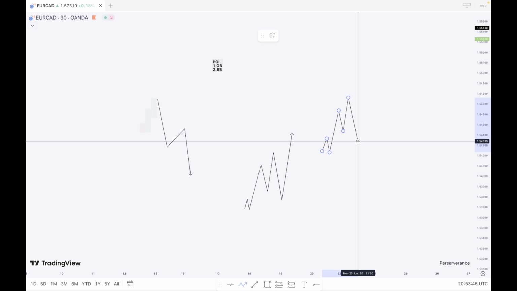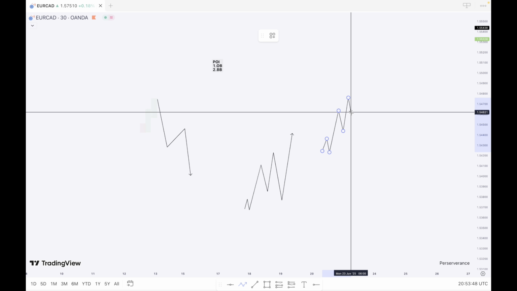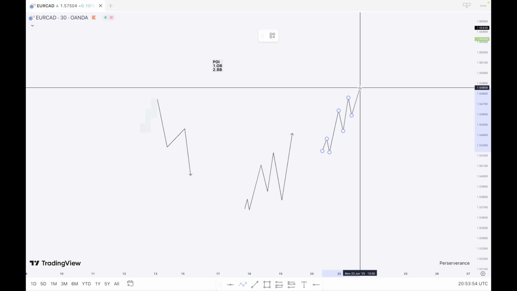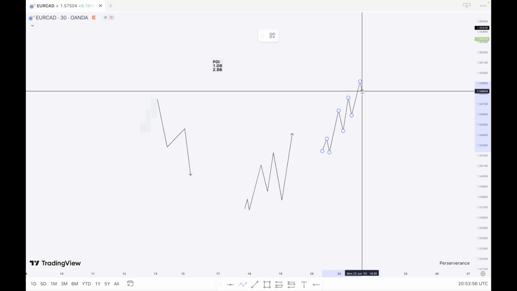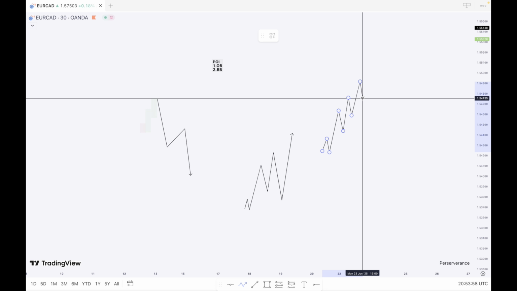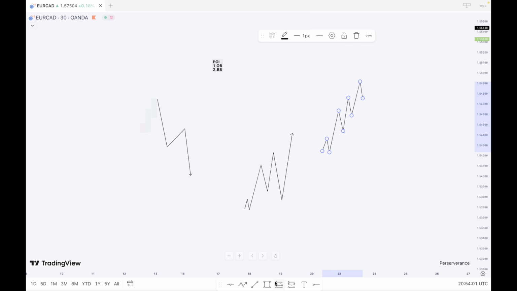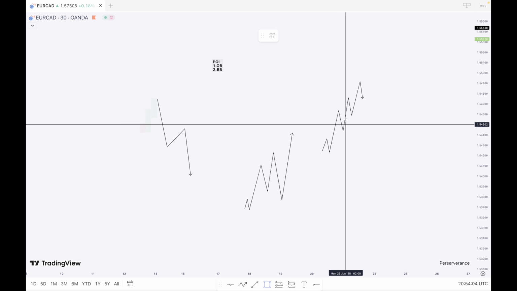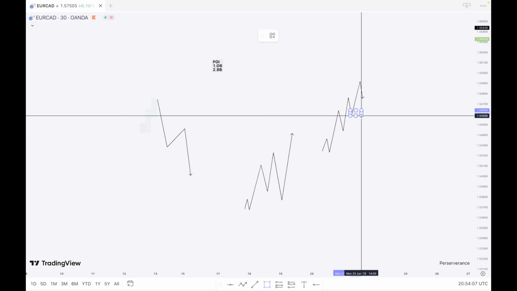But in a scenario where the market does not come back to tap into that POI, and the market creates another break of structure with another inducement, now our POI is going to be the one closest to the inducement. Instead of marking this one, we are now going to mark this one.